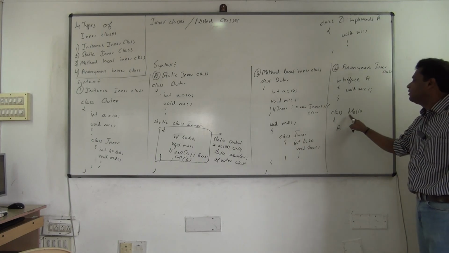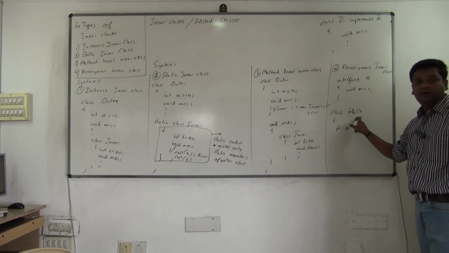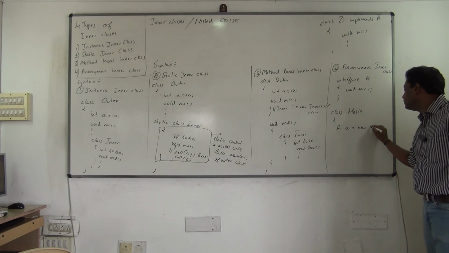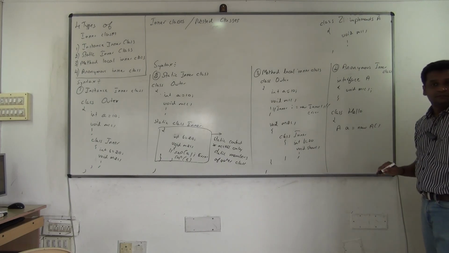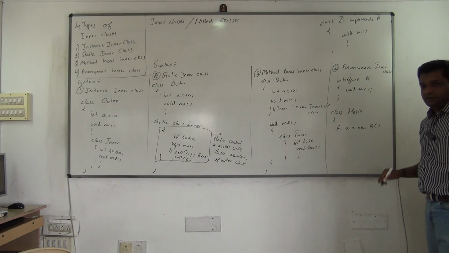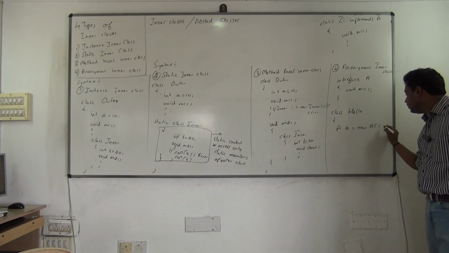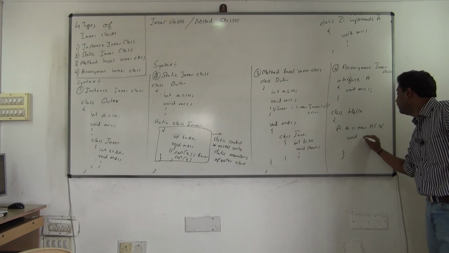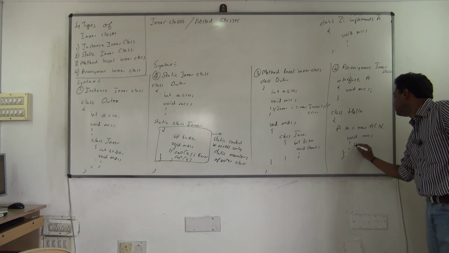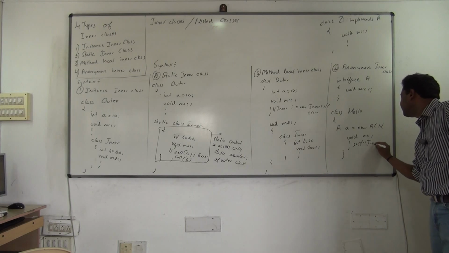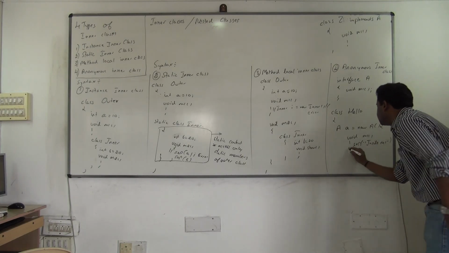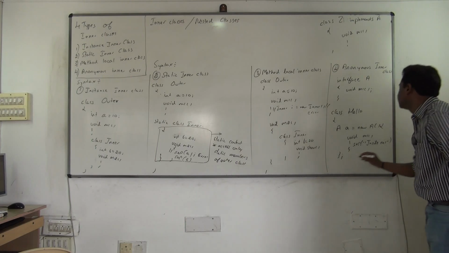A is an instance variable of Hello, equal to new A. Directly I am creating the object, and here we give the implementation. Void M1 is there, with a print statement inside M1. So this is the syntax of an anonymous inner class.